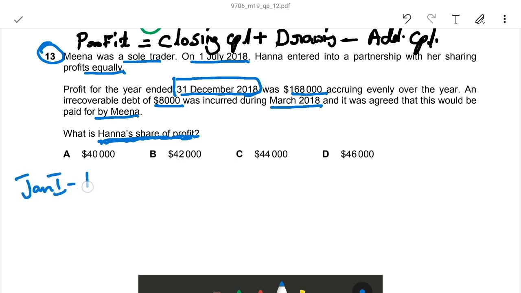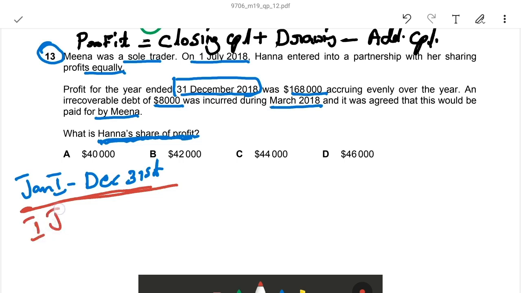January 1st to December 31st is the accounting period. But Hannah joined the business on 1st July only. 1st July means she can share the profit only for six months. Also, she is not responsible for the irrecoverable debt of 8,000.